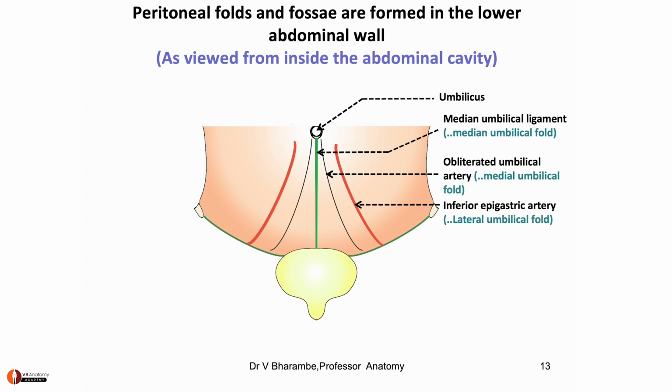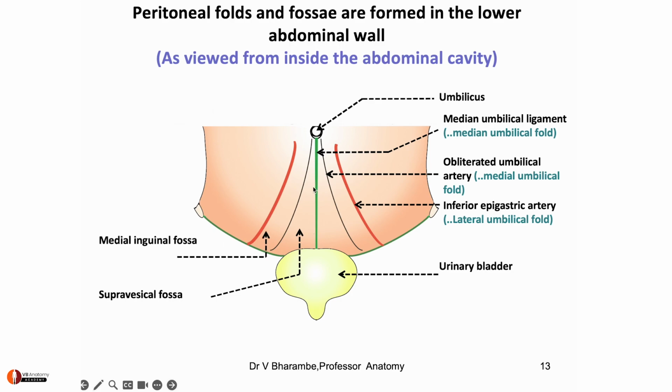Each is, like I showed you, covered by fold of peritoneum. So, in the midline, the fold is called median umbilical fold. On either side of midline, medial umbilical fold, and on the lateral side, lateral umbilical fold. Between each fold, there is a fossa formed. So, on either side of midline, there is formation of supravesical fossae.